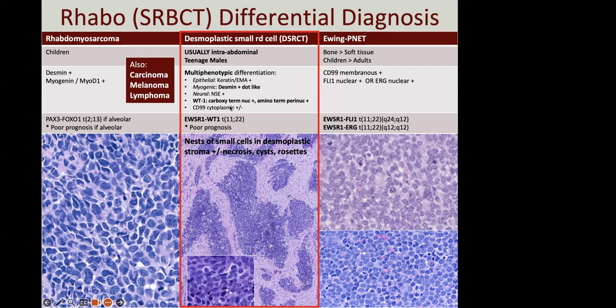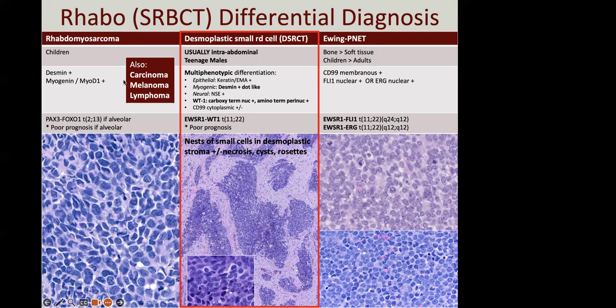CD99 is more patchy, and the nuclear marker that would be positive would be WT1. As its name suggests, it has a desmoplastic stroma, but otherwise small round blue cell tumor in between. This can occur outside the abdominal cavity, just FYI.